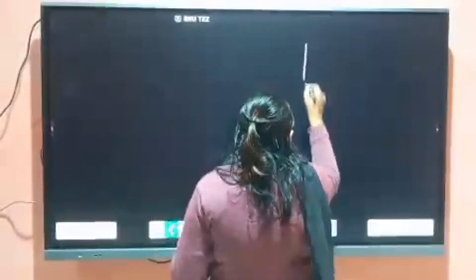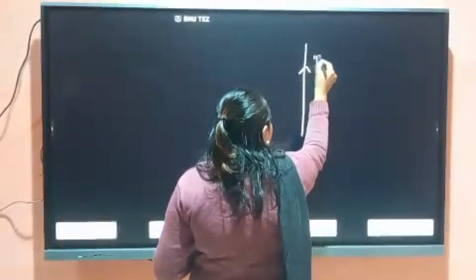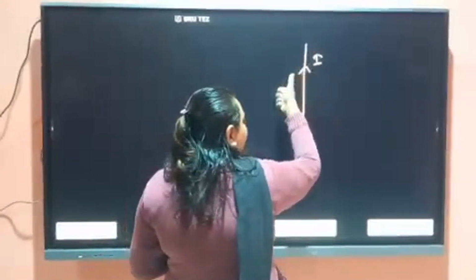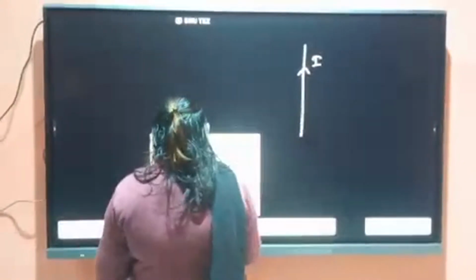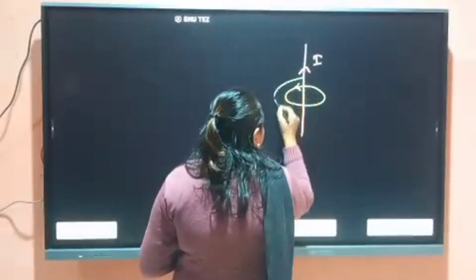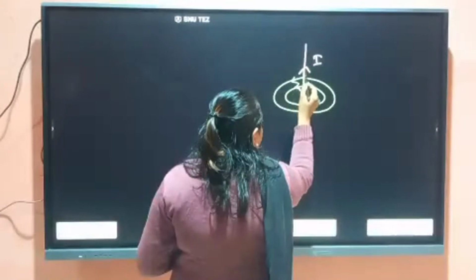If we have the straight current carrying conductor and the current goes upward, how will the magnetic field be? Like this. It is represented by concentric circles. ठीक है, इस तरीके से.